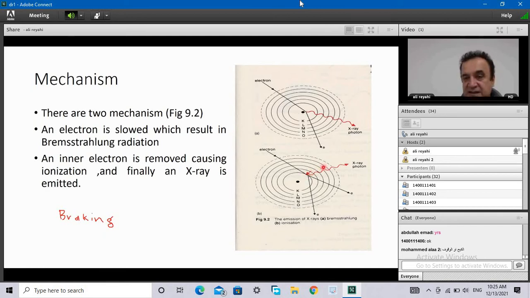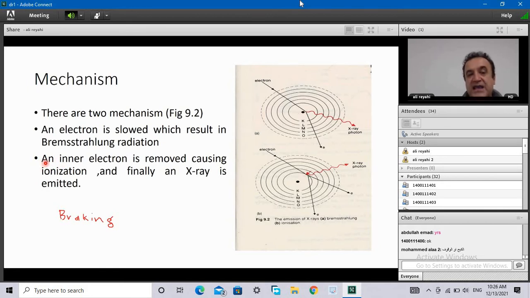This empty space is filled by an upper electron. And you know, when an electron from an upper layer comes to a lower shell, a photon is produced. This photon is again X-ray. But this X-ray is not Bremsstrahlung radiation. This X-ray is a linear spectrum X-ray, while Bremsstrahlung is a continuous spectrum X-ray.